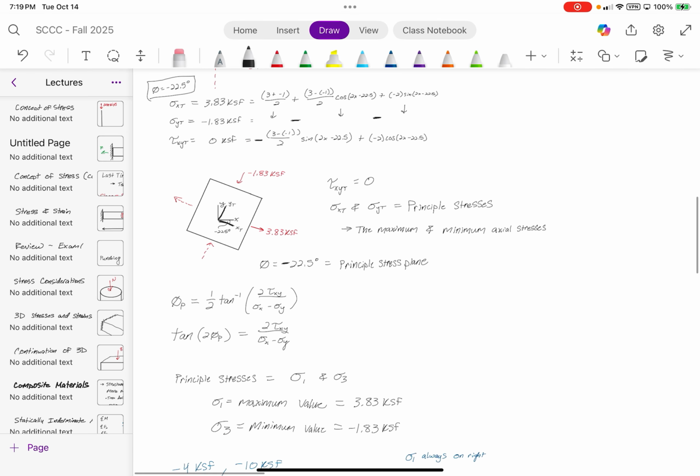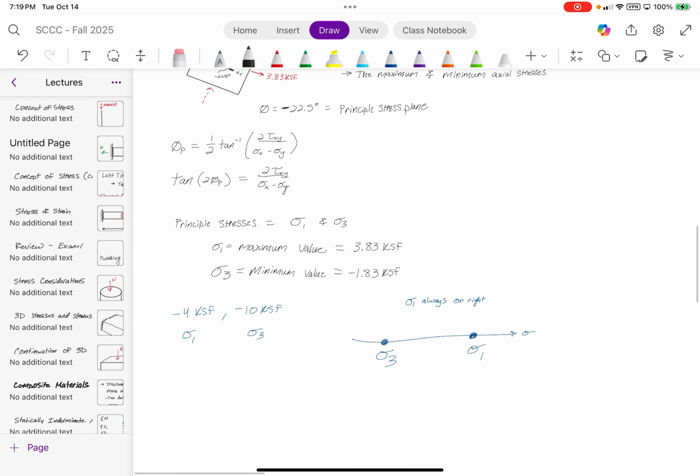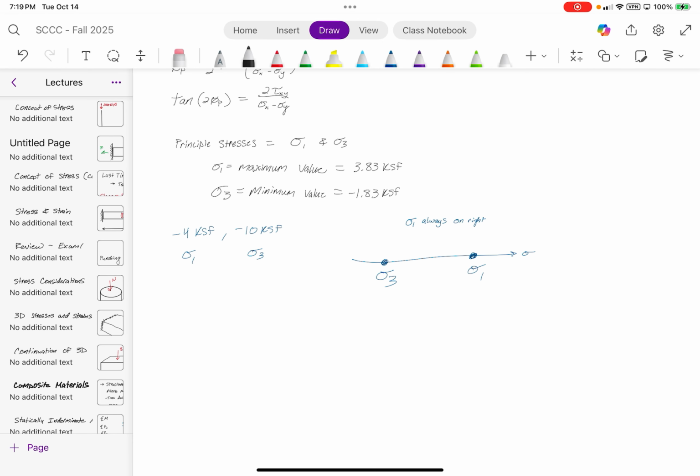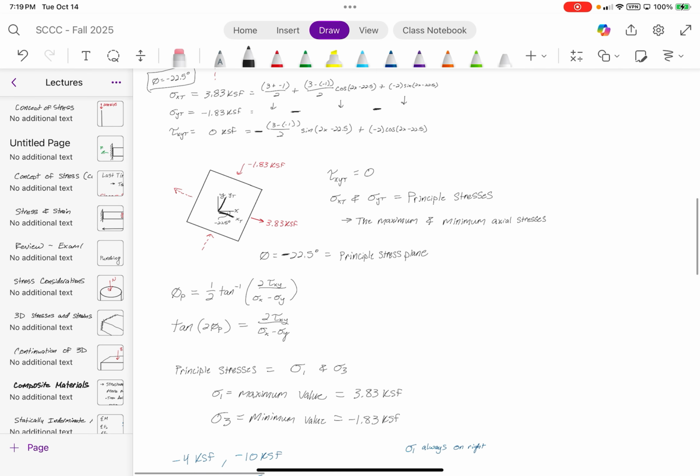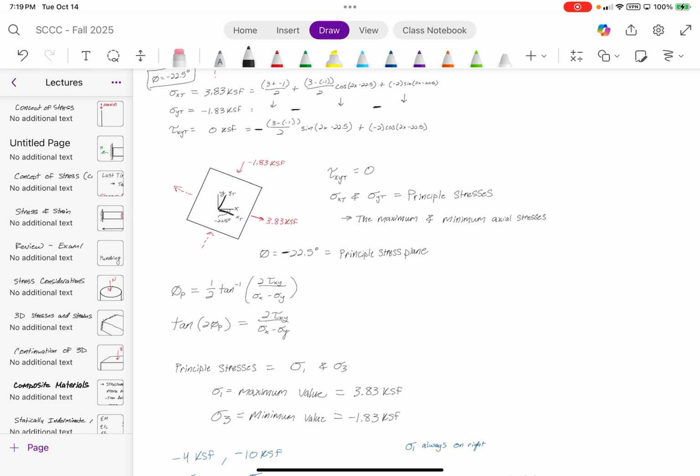All right, let's continue. Another thing that I just really want to add is we went over when the stresses were a maximum, right? The axial stresses were maximum.